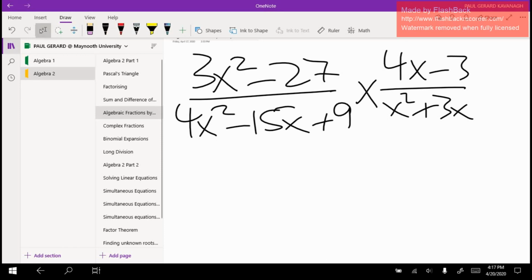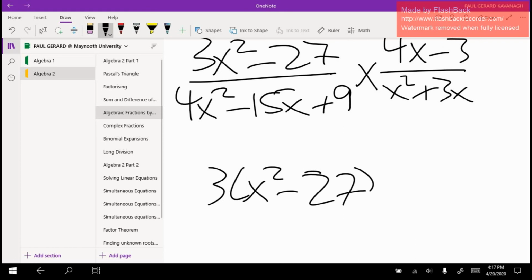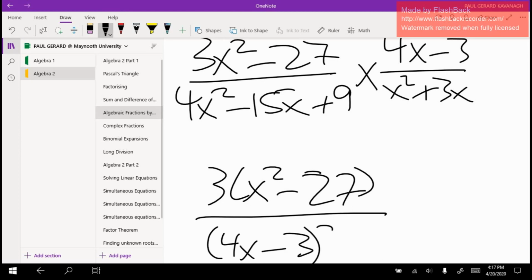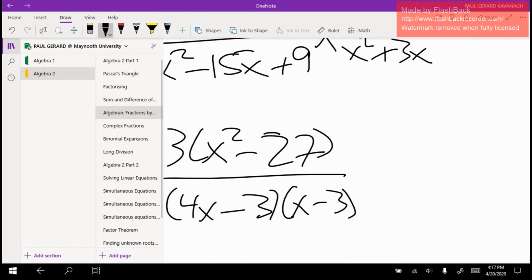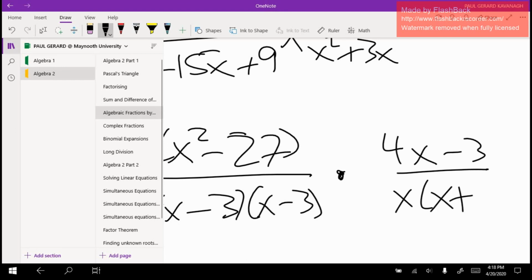In 27, 3 was common in both of them, and in the denominator we can do that too. So now it's going to be x minus 3. You can't do that one. This one you can: x plus 3.